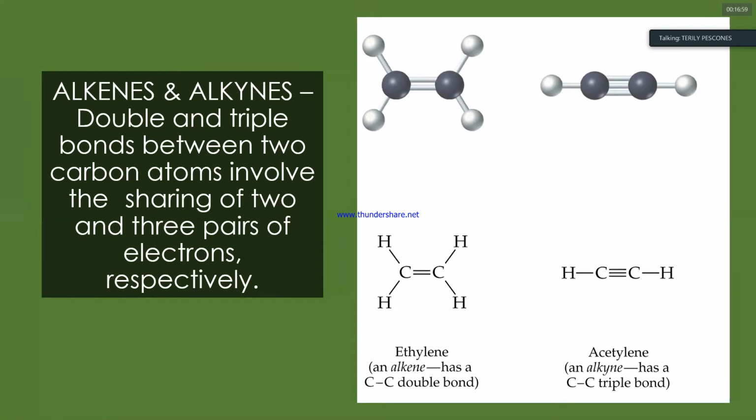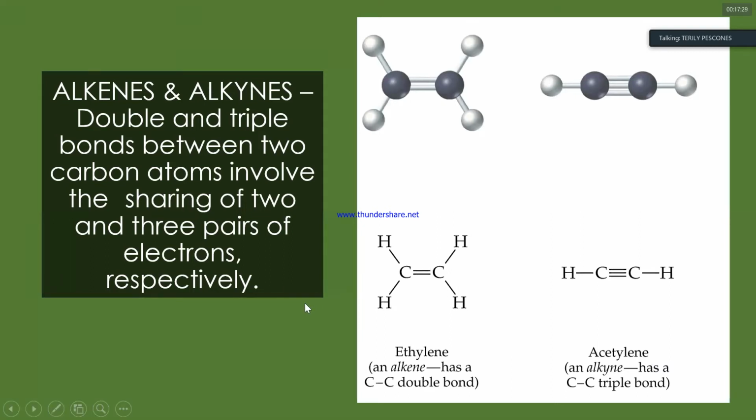Alkene, ang ending ng mga pangalan nila ay ENE, and then alkyne, ang ending ng pangalan nila ay YNE. Although acetylene is a common name, di ba dun sa welding, oxyacetylene. So yung isang gas doon is acetylene. Although ang ending ng pangalan niya ay ENE, it is actually an alkyne. Yung kanyang common name, yung mga nakasanayan ng pangalan.